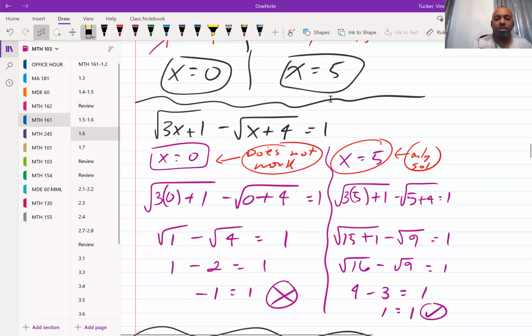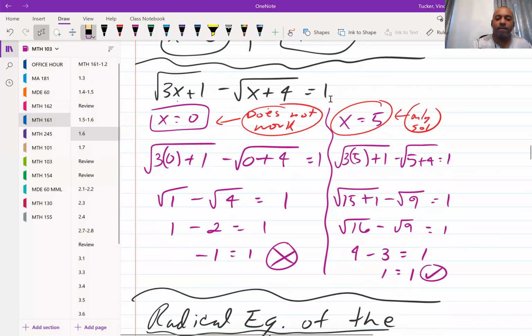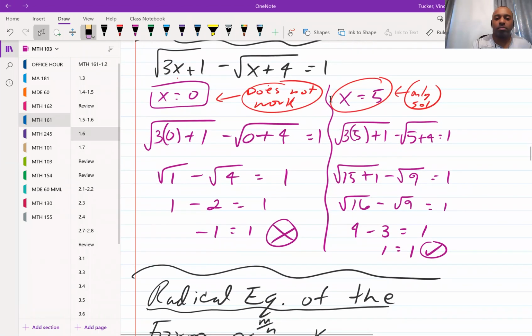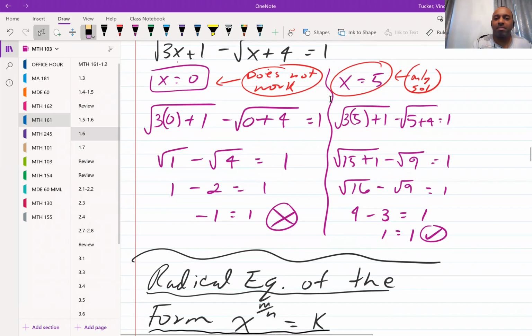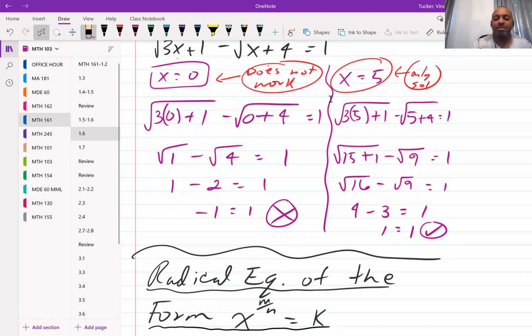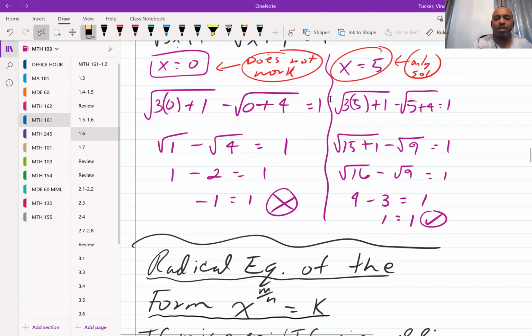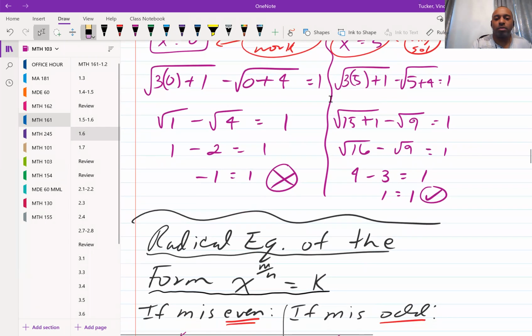All right, let's scroll up. Everybody good? And I'm still holding on to the purple.